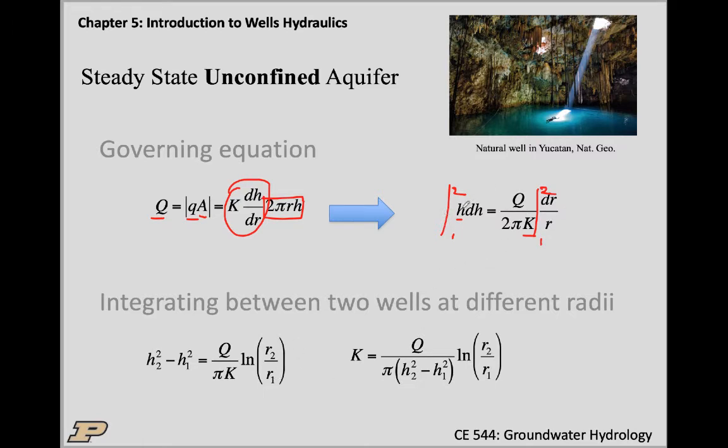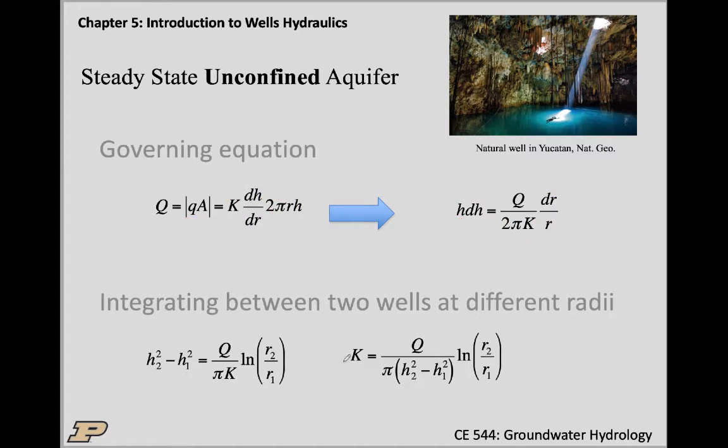But on the left here now we have to integrate H. So the integral of H dH is going to be H squared over 2. Now this divided by 2 on the left hand side from the integral, if we flip it to this side, we end up with 2 over 2, and the 2's disappear. So what I'm saying is if I flip this 2 to this side, you can see how these cancel out, and now they're gone.